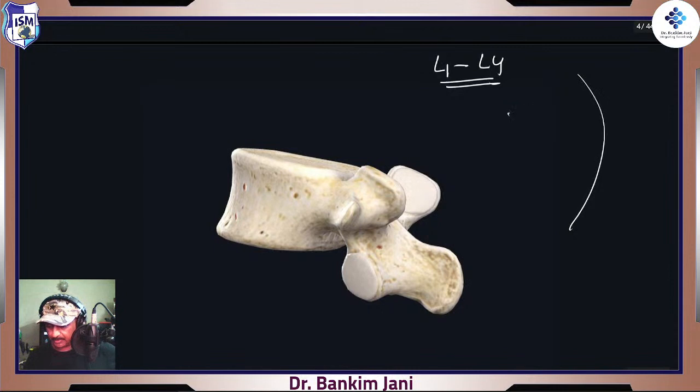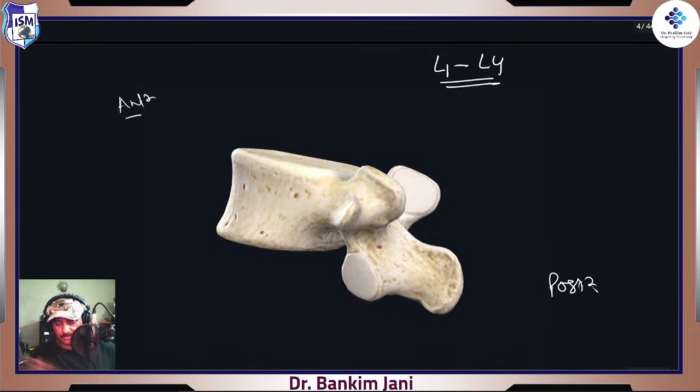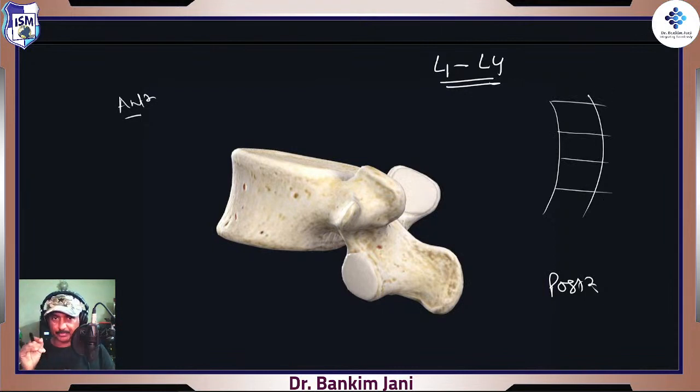Let me draw it on the opposite side, with respect to this vertebra: this would be posterior, and this would be anterior. The structure is curved like this.